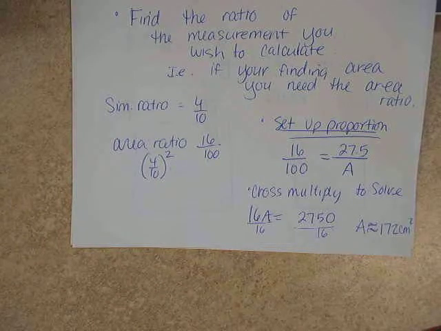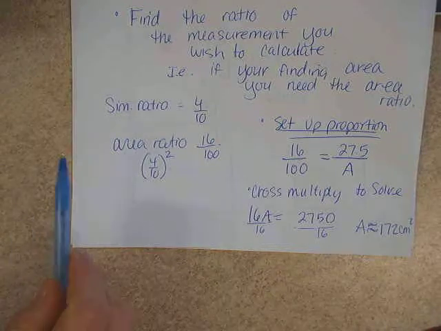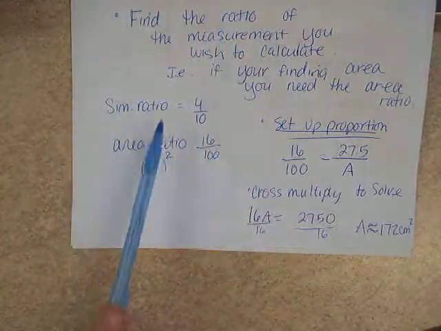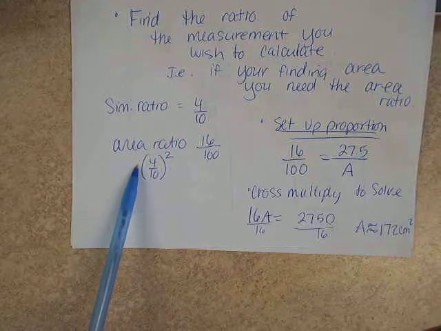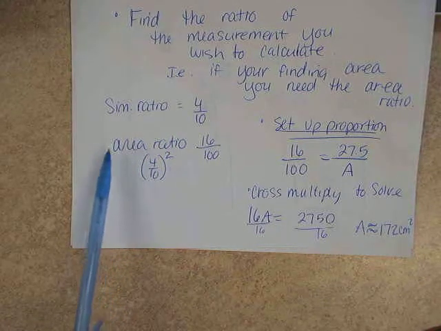That's what they gave us. It could be something else, yeah. Generally what's going to happen is they're going to give you a side length on each and an area of one or the other, and then have you find that area. So you're going to set up the area ratio, do your proportion.